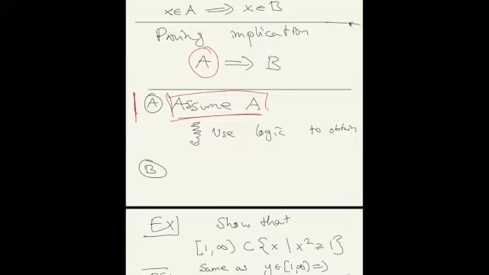That's the first fact that we can use. Then we can use logical deduction and any other assumptions that may be given to us in that context to hopefully then conclude B. So at the end of such a proof, we should be able to plainly conclude that B is true, or some equivalent version of it.